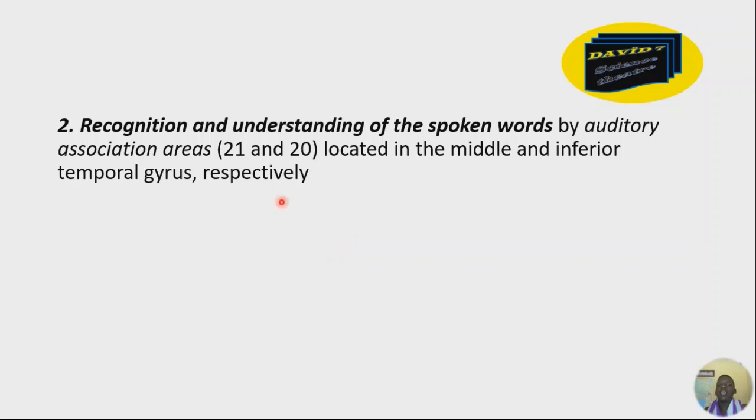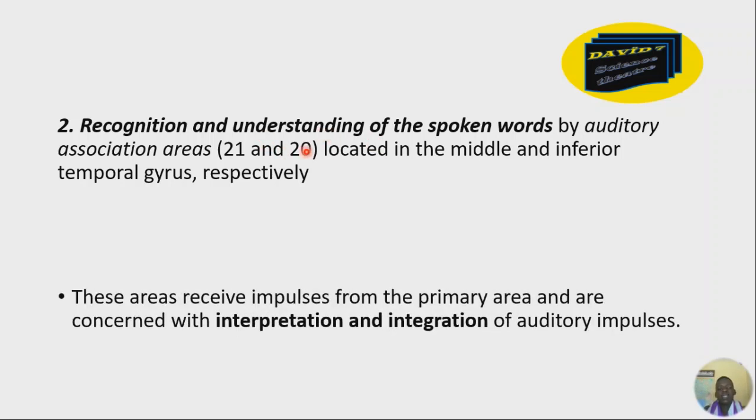So the temporal gyrus is important for audition. So we have recognition and understanding in the association areas. These areas receive impulses from the primary area, which was 41 and 42, and are concerned with interpretation and integration of auditory impulses.